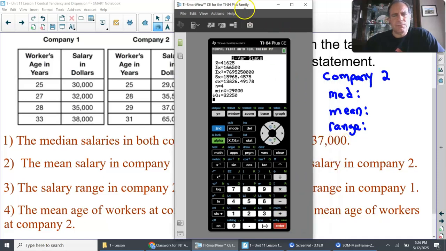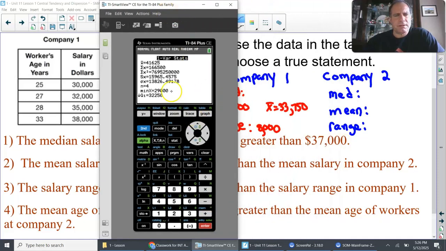So company 2, going to move this over. The mean, we just put that in, it's 41,625. The median is 36,250.